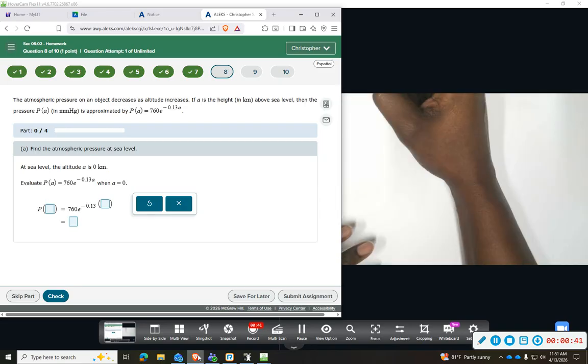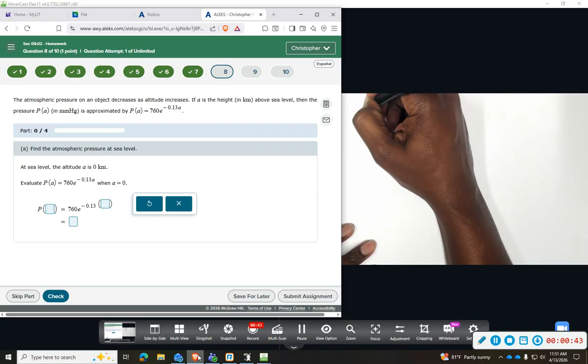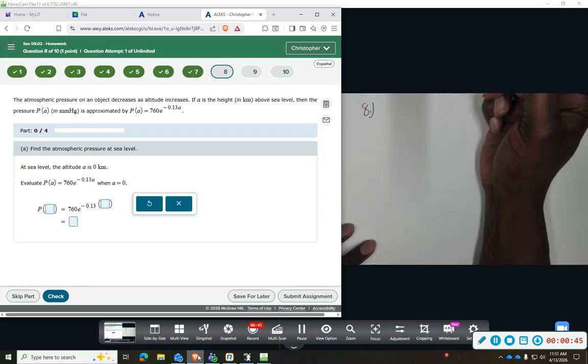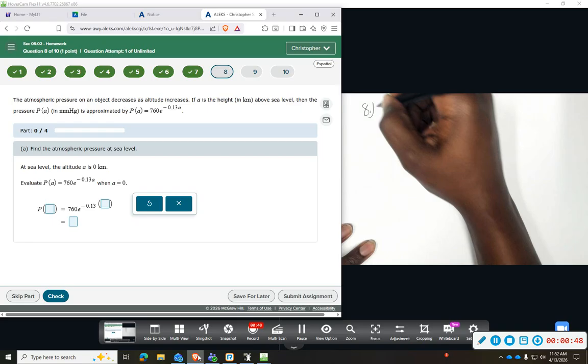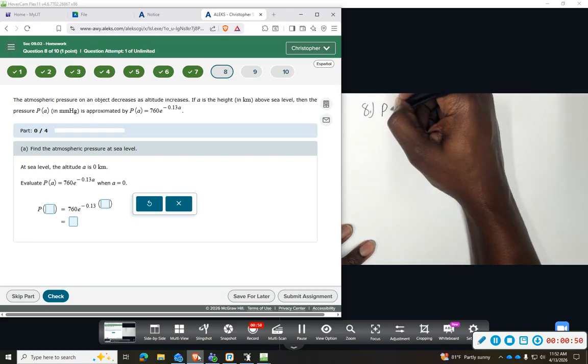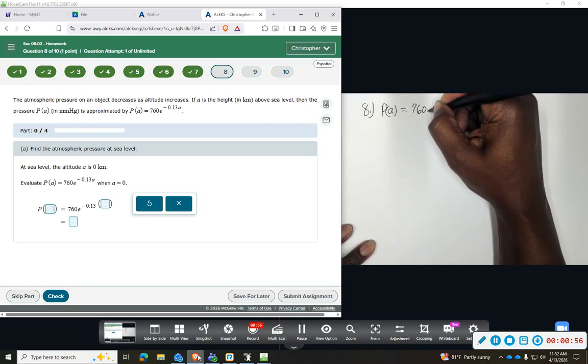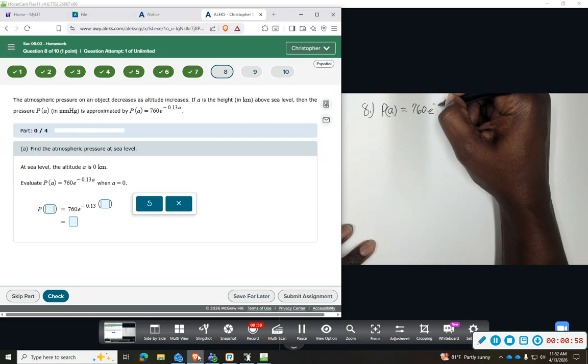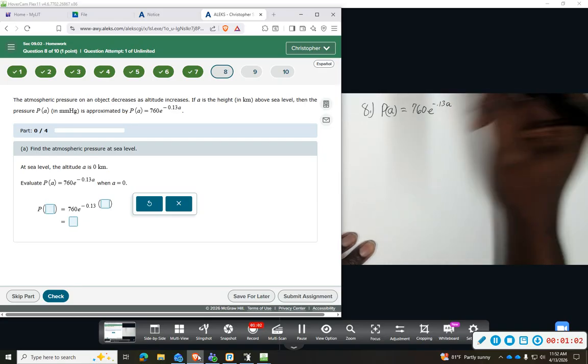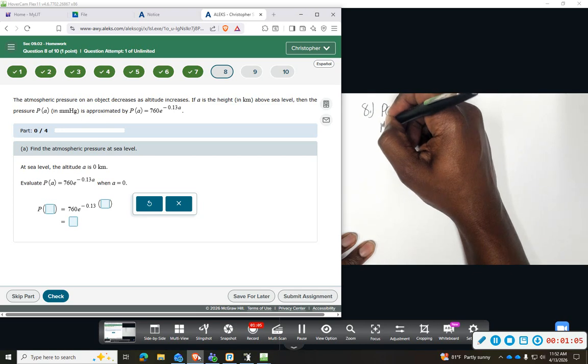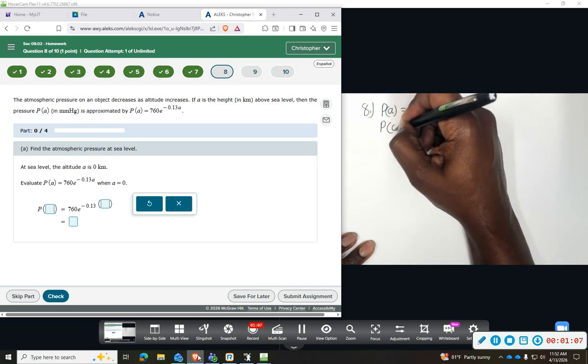All right, so we have a blank, and all they want us to do is just plug in A equals 0. So the formula we're given is P of A is equal to 760 times e raised to the negative 0.13 times A. And they say A is 0, so we plug in 0.